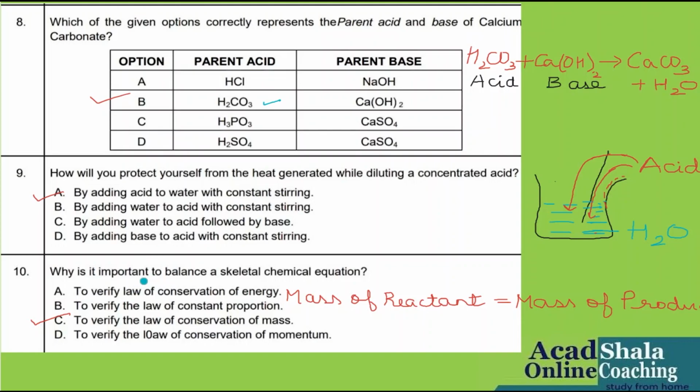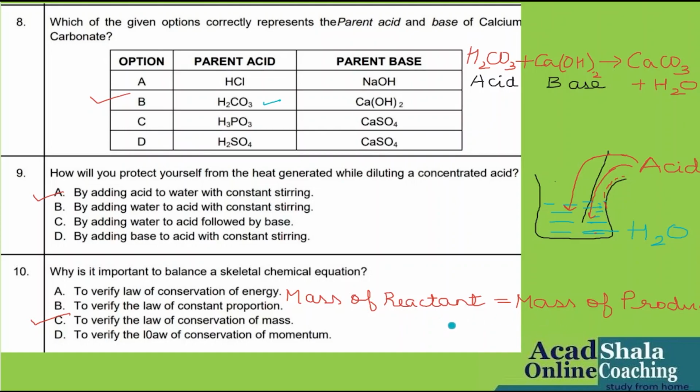Okay, last question. Why is it important to balance a skeletal chemical equation? I told you in the last question, skeleton means an unbalanced equation. Now they are asking why it is important to balance a skeletal chemical equation. In class 9 you have studied the law of conservation of mass. What does it say? That the mass of the reactants should always equal the mass of the products.